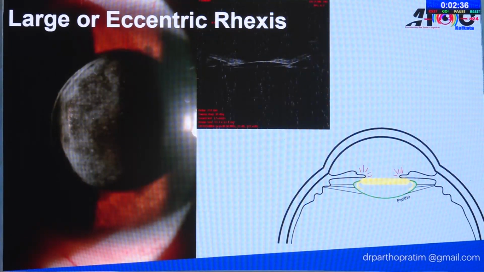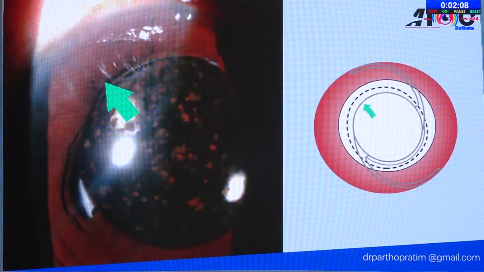You can see here in this picture, a part of the intraocular lens is popping up, and this is rubbing the iris when it is not dilated, and that's how, as you can see in this schematic graphic, it can cause inflammation of the iris tissue because it's rubbing the posterior surface of the iris. So one should avoid making a very large or eccentric rhexis in cases with uveitic cataract.